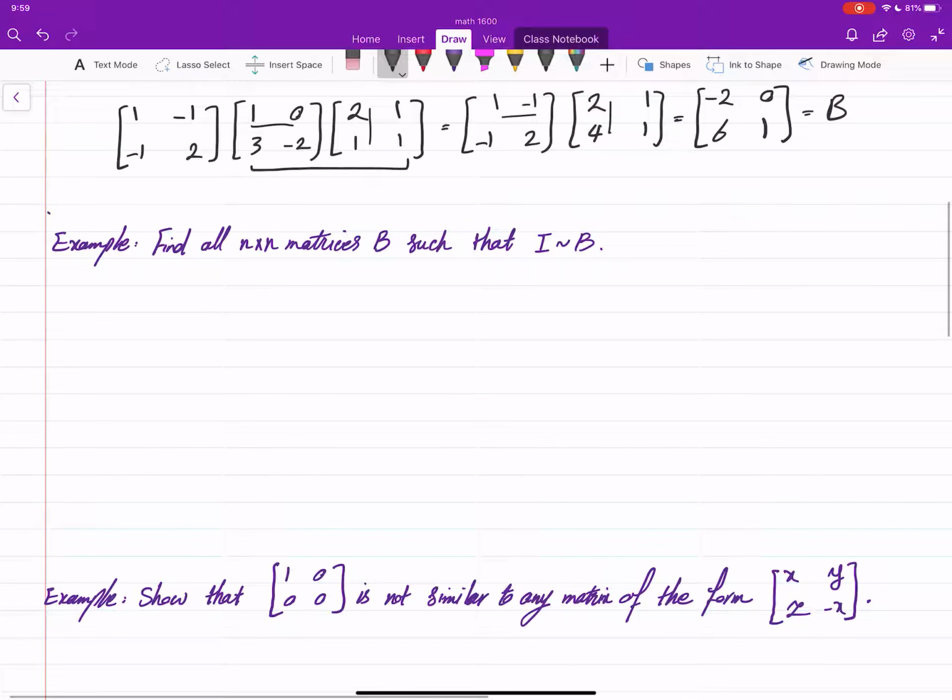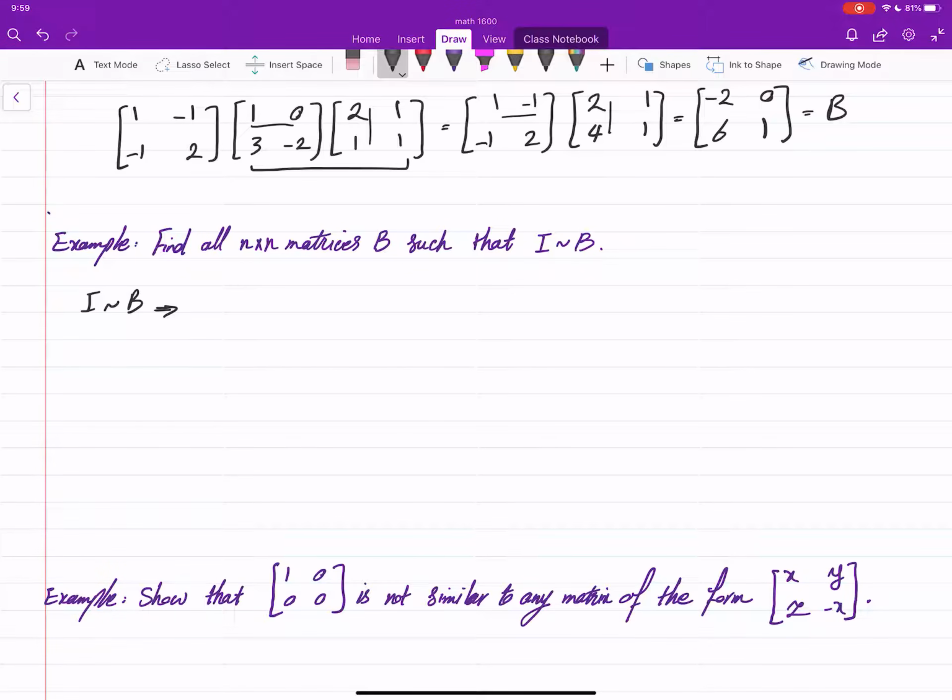The second example says, find all n by n matrices B such that the identity matrix is similar to B. Well, let's see. I similar to B means what?